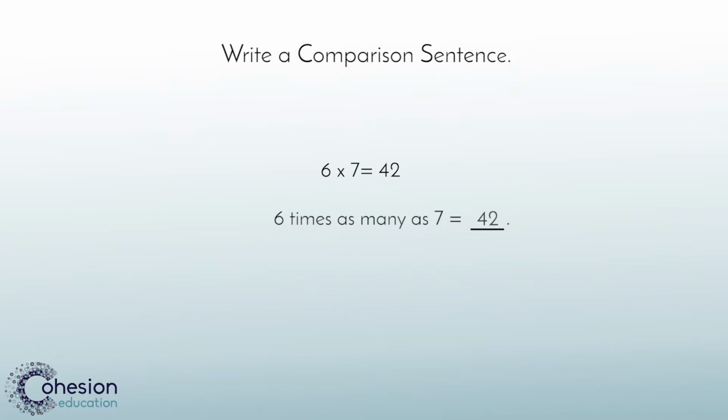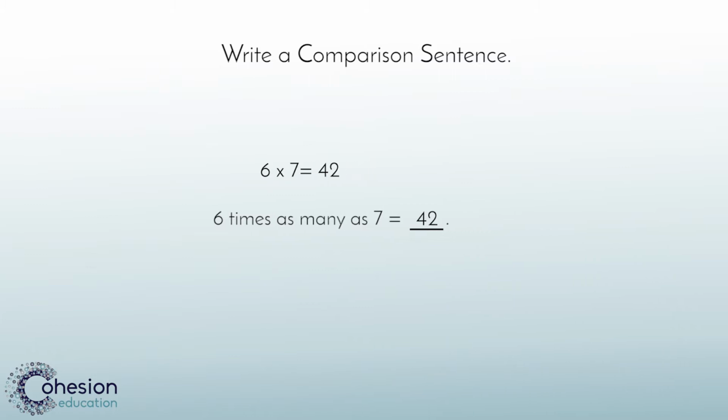The numbers in the equation should stay in the same location, and the symbols are replaced with words or phrases. So again, 6 times 7 equals 42 would be written as 6 times as many as 7 is 42. This is how we turn an equation into a comparison sentence.